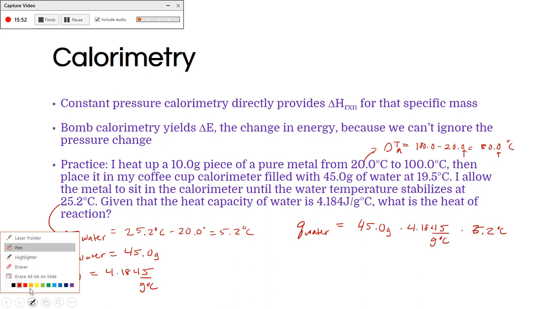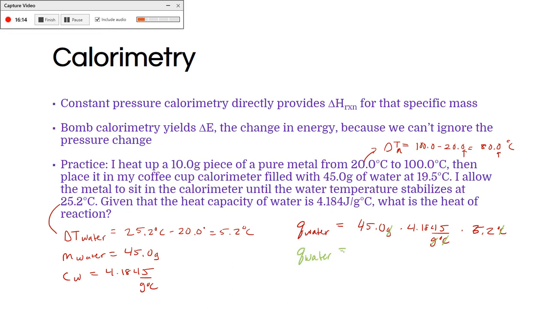So the heat capacity has those funky units because everything cancels except for energy. So joules is all that's left from this equation. Okay, so here we figure that the heat for the, oops, you can't see that. That's hard to read. There we go.